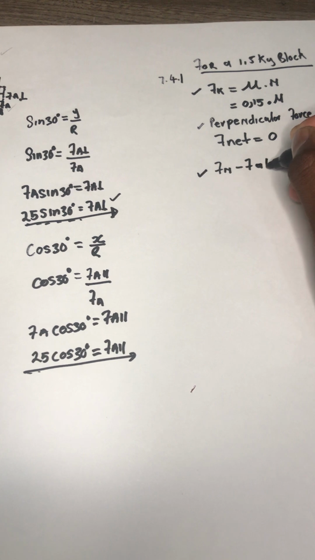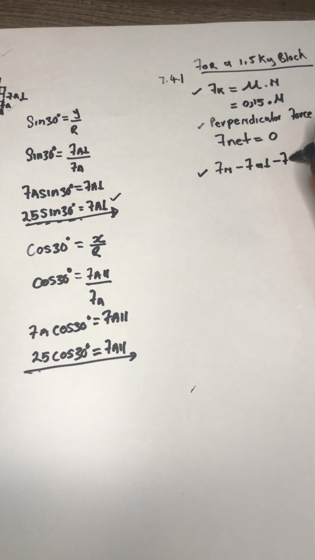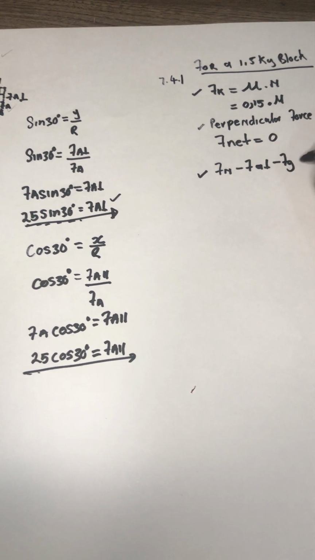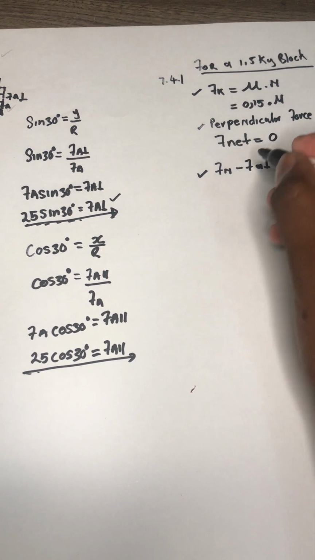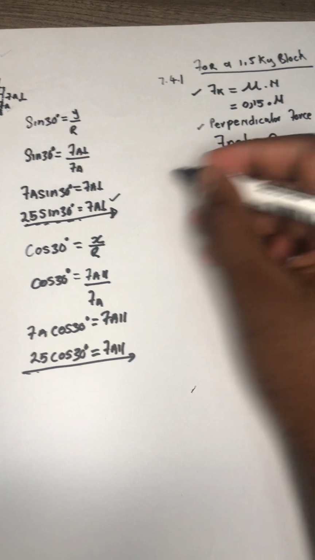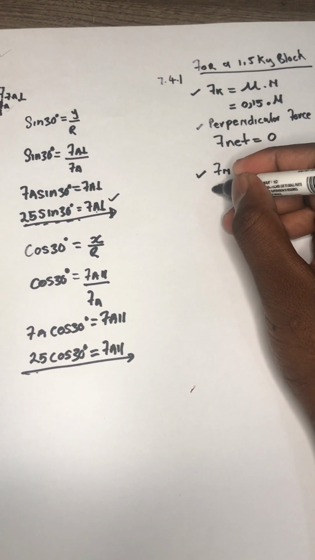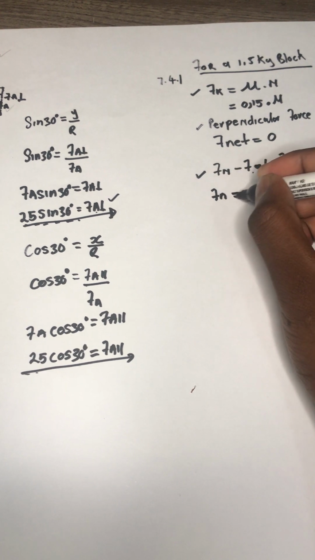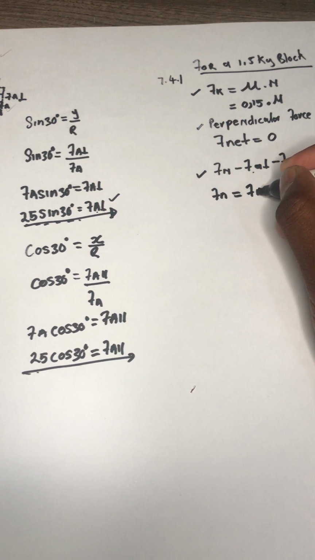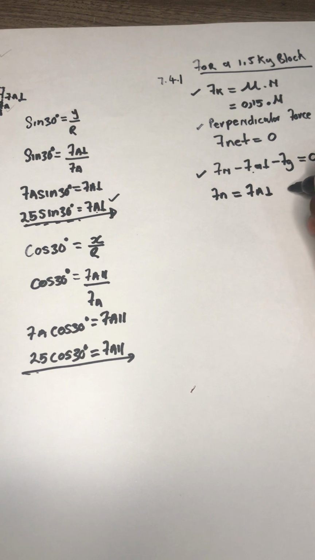We have Fa perpendicular, and then we have Fg. Sesiyamazi Fa perpendicular. Okay, let us make Fn subject of the formula. Nangu Fn ulingana no Fa perpendicular plus Fg.